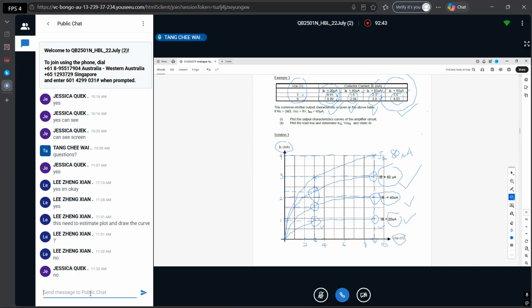Okay, so I hope you get to know how to plot this curve with what is given to you. Step by step. Of course, you won't know it the first time you look at it, but the important thing is to pay attention to the table, what is given. Secondly, you do the plotting on your own.